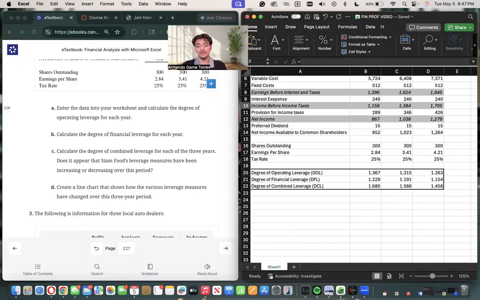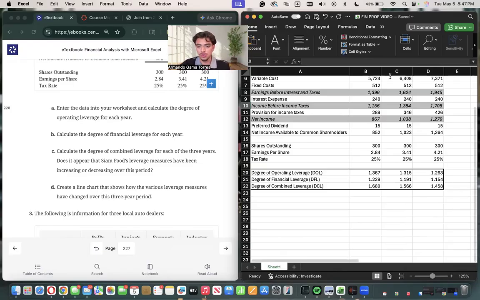In this case, all three leverages are trending downward, which is good because that shows that the CM Foods company is becoming more financially stable, or safer, as you want to call it. Even though their revenue is growing, their sensitivity to economic swings decreases, so the volatility is not as deep. Basically, if there were to be a dip in sales, it wouldn't be the biggest chaos for them.